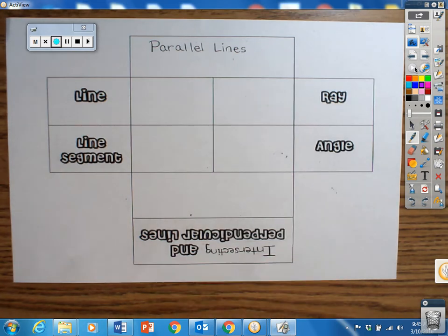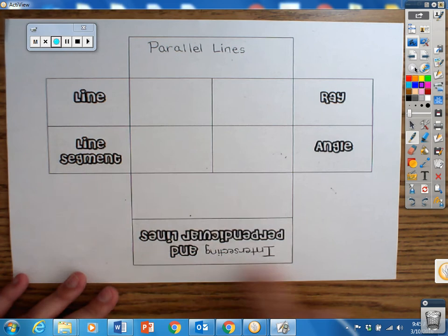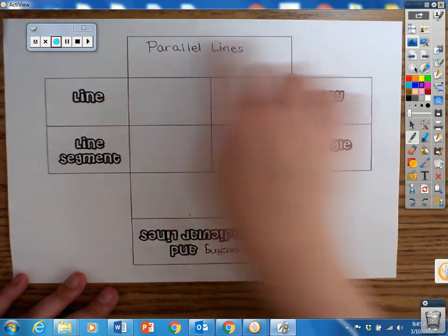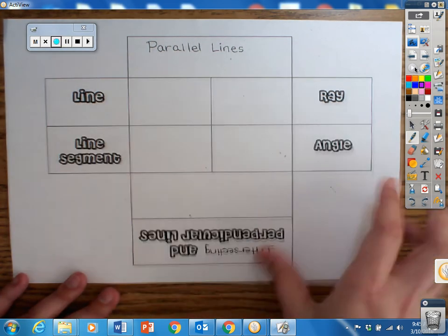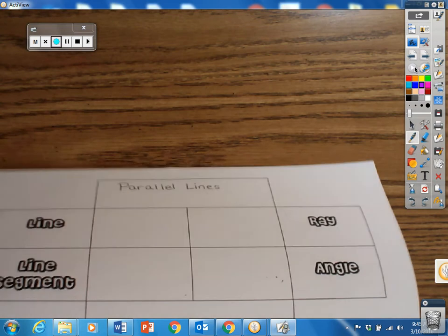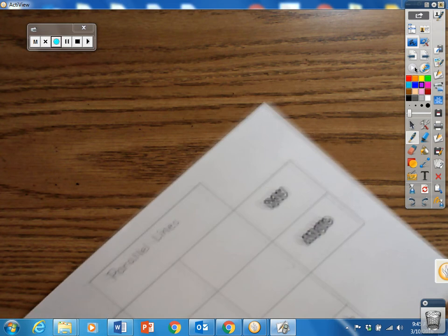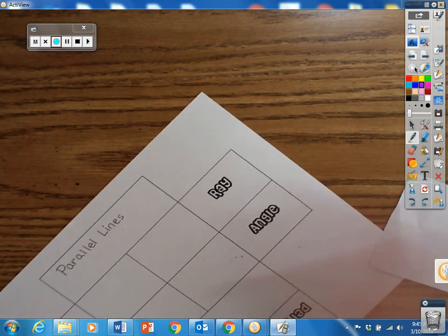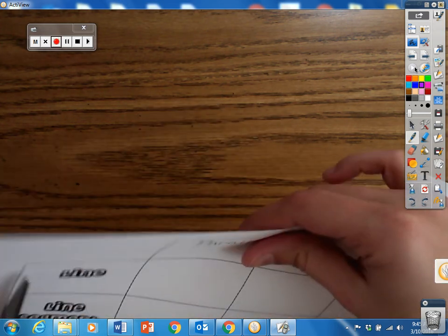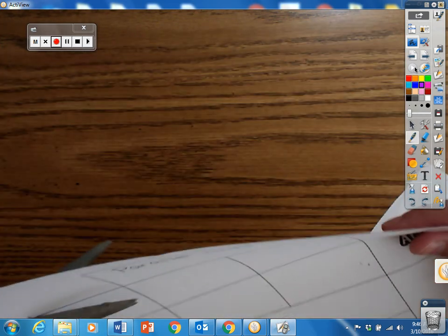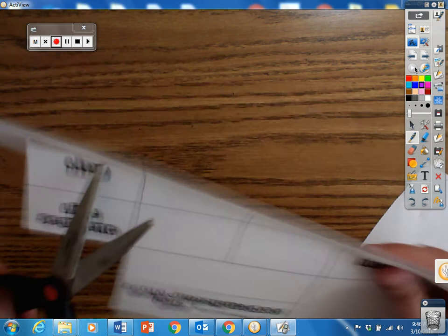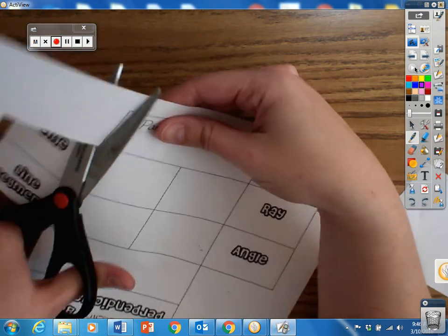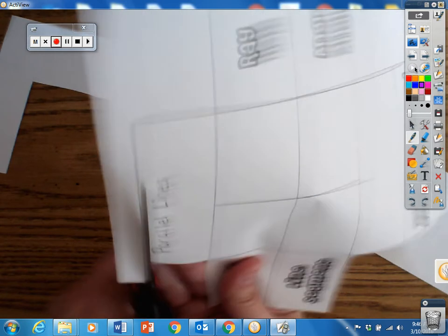The first thing you're going to need to do is we're going to cut out along the whole outside of the foldable. Kind of awkward, but you'll see in the end how it works.